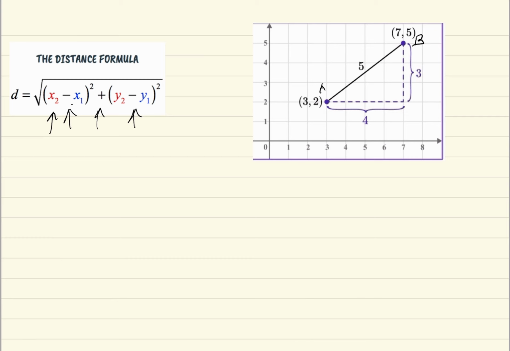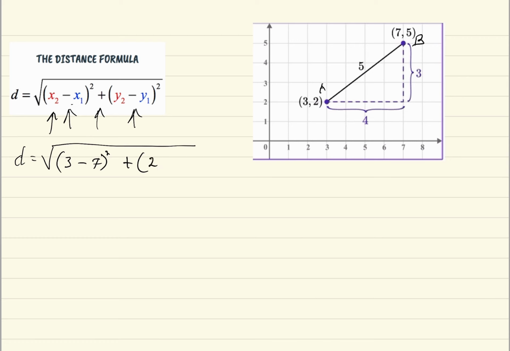So let's say we start with point A. Okay, so let's call x2 number 3 minus 7, squared, plus y2 in this case.